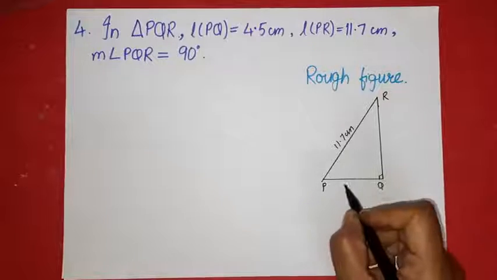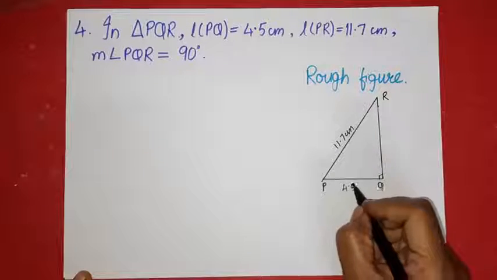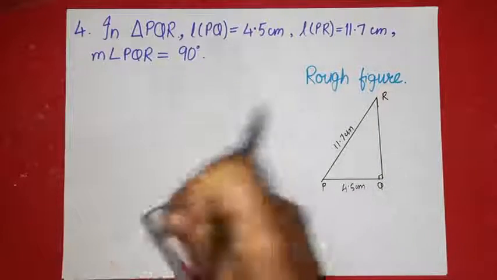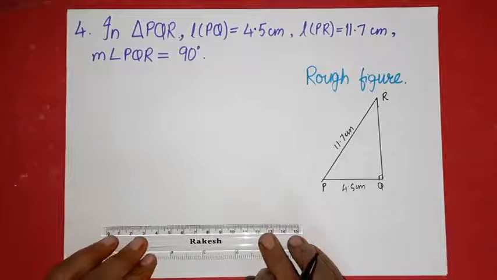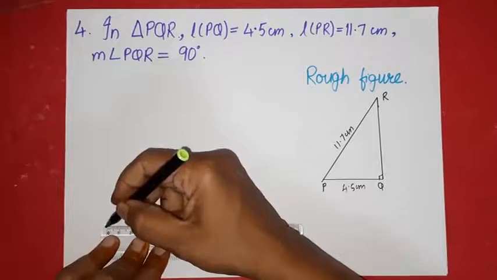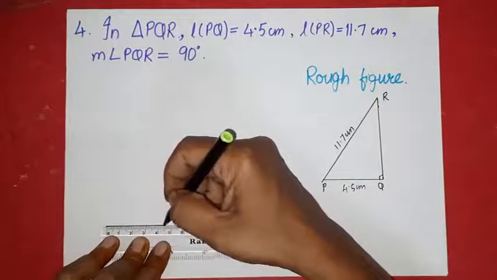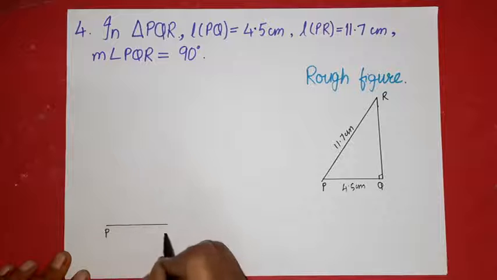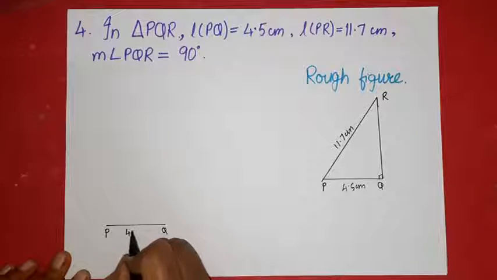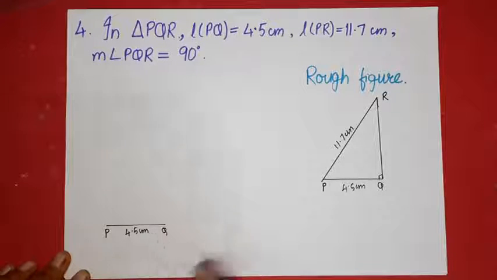Now we will first draw segment PQ of 4.5 centimeter. Starting from 0, mark it up to 4.5, that is 4 centimeter and 5 millimeter. Give the name to this segment PQ of 4.5 centimeter.